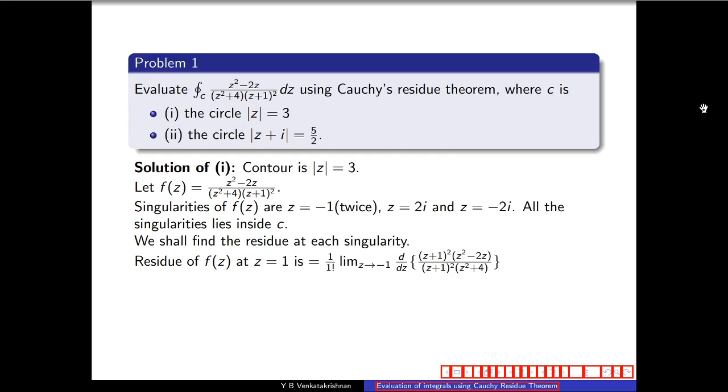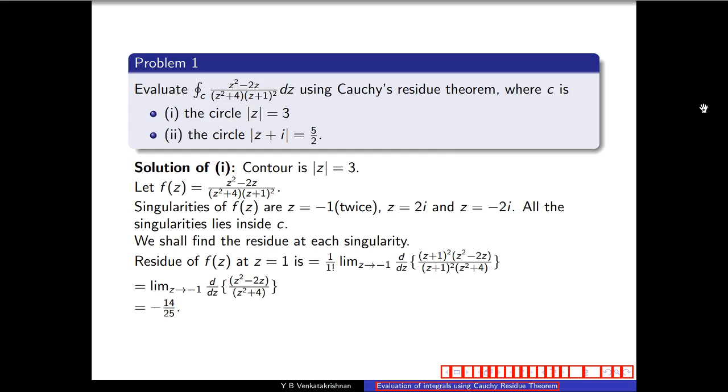Here m is equal to 2 because z is equal to minus 1 appears twice. So the residue will be 1 by factorial m minus 1, which will be 2 minus 1 factorial, that is 1 factorial. And d power m minus 1 by dz power m minus 1 will become d by dz of (z plus 1) the whole square into f of z.